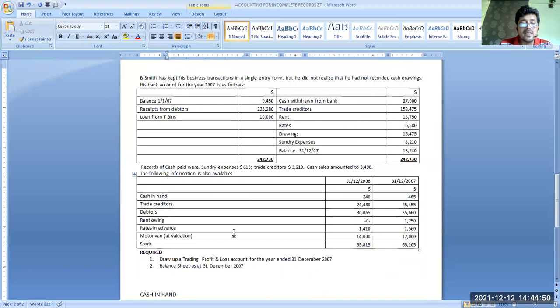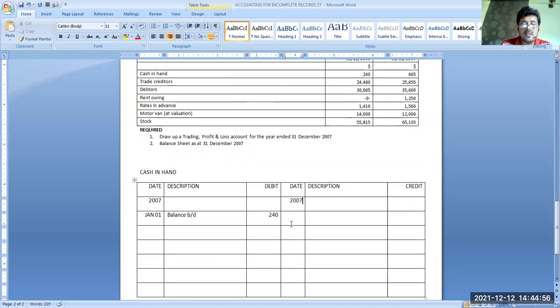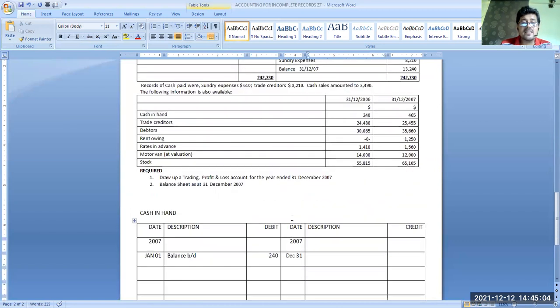See, cash paid, sundry expenses. So 2007, December 31st. What have we paid? Sundry expenses 610.